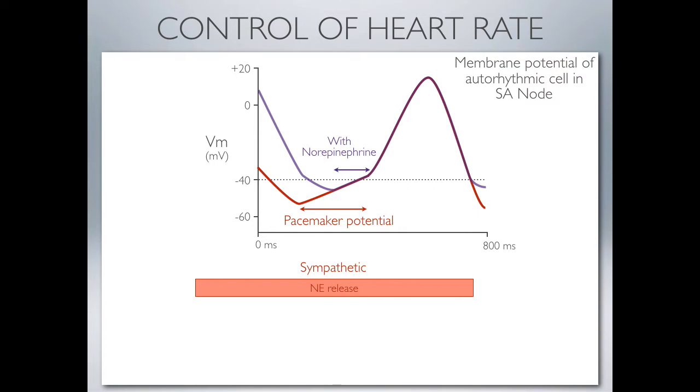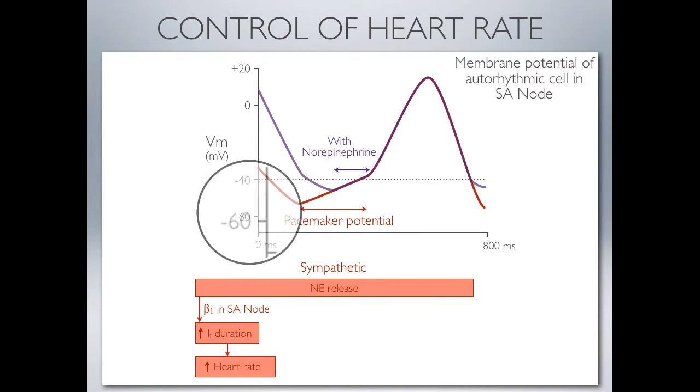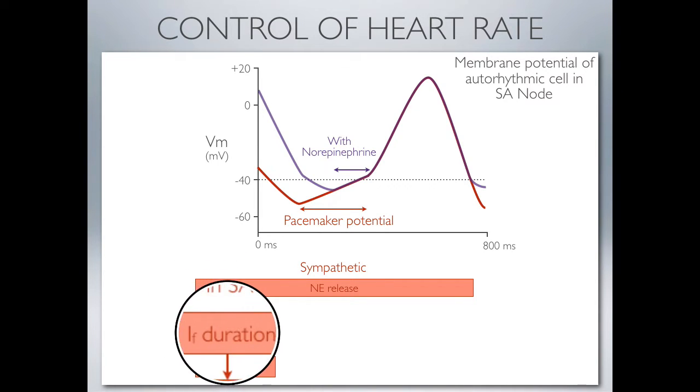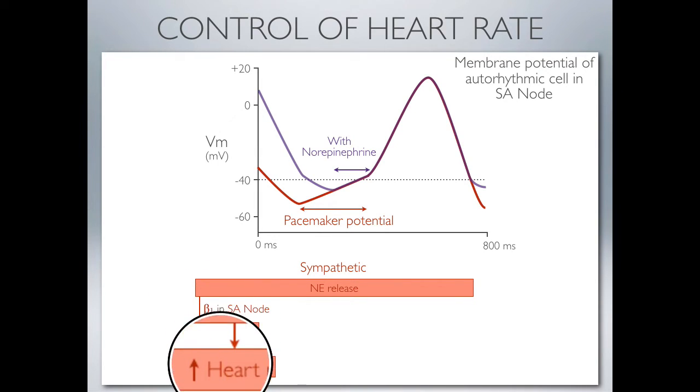The sympathetic nervous system, with its norepinephrine release, is acting on beta 1 receptors. That suggests that epinephrine could also activate the IF channels, because beta 1s have sensitivity to both. That increases the duration of the IF channels, which elevates the heart rate.